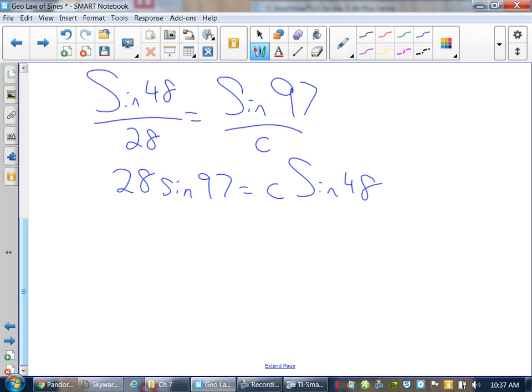How do you undo multiply by crummy decimal? Divide by the crummy decimal.